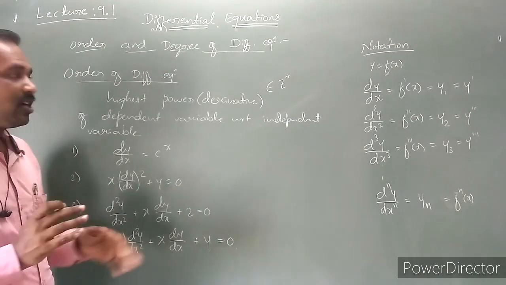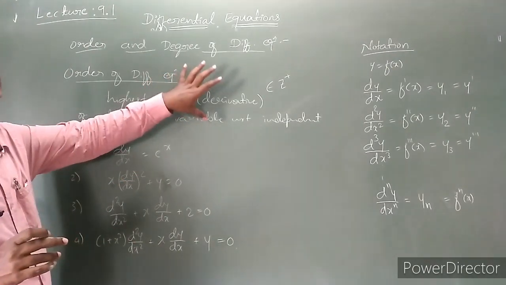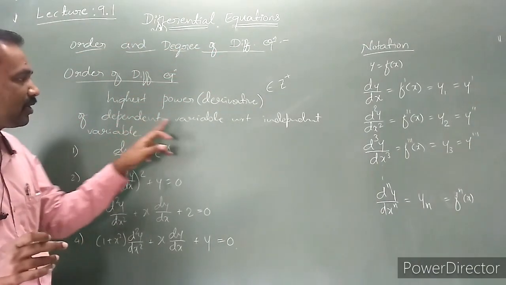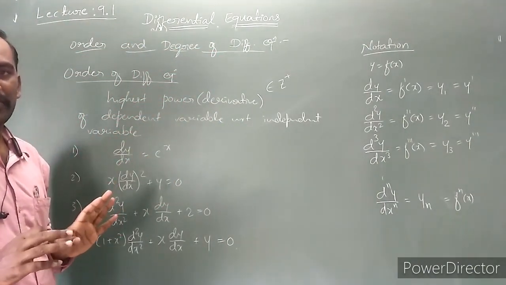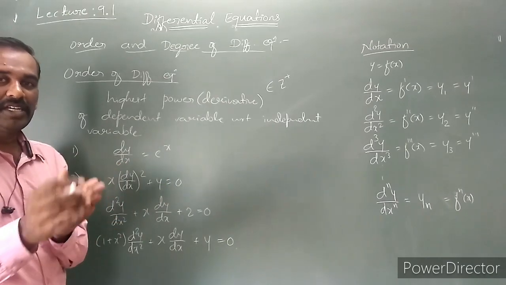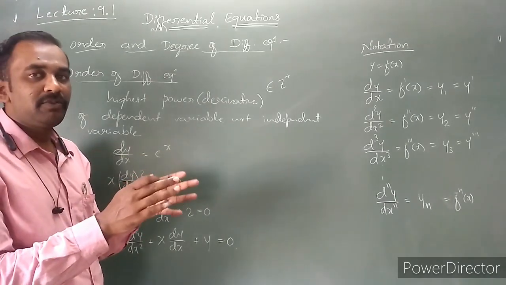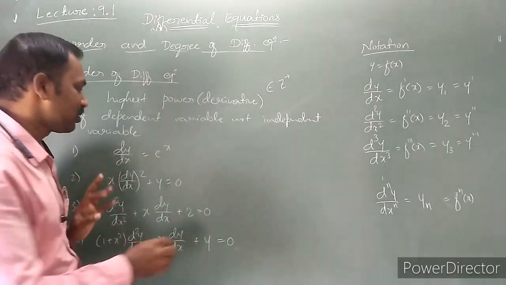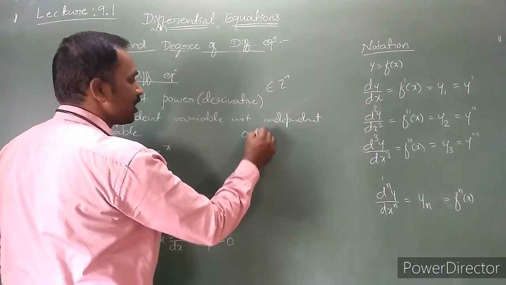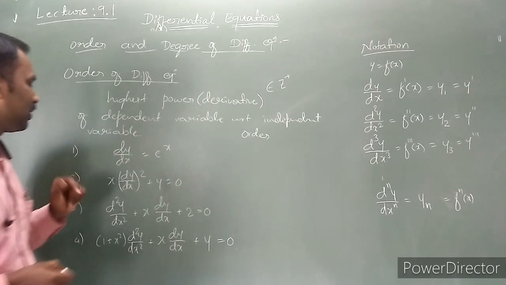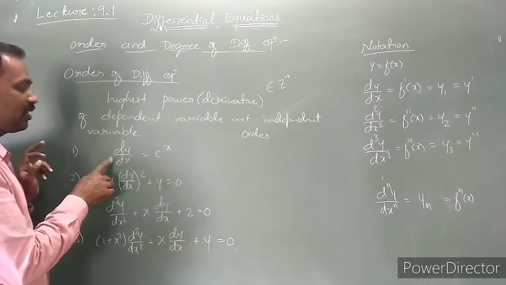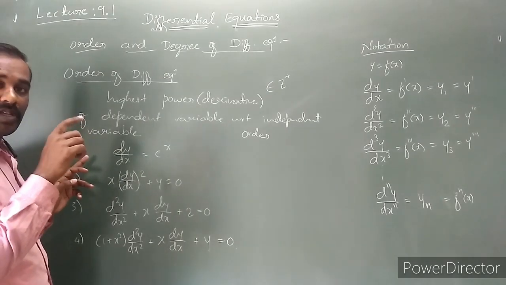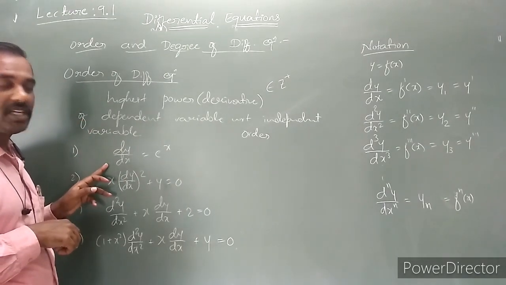What is the order? It is the highest derivative of the dependent variable with respect to the independent variable. For the dependent variable, the maximum number of differentiations matters. Order of the first example: what is the highest number of times the dependent variable is differentiated with respect to the independent variable?